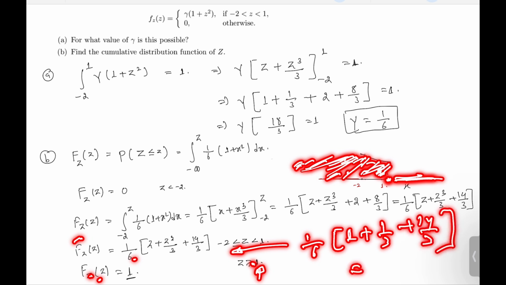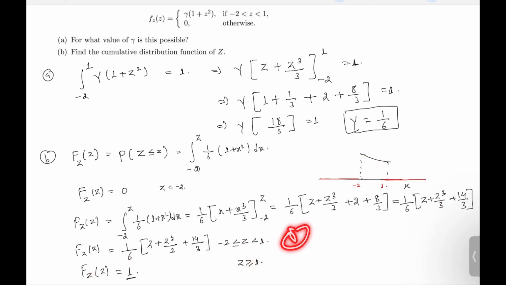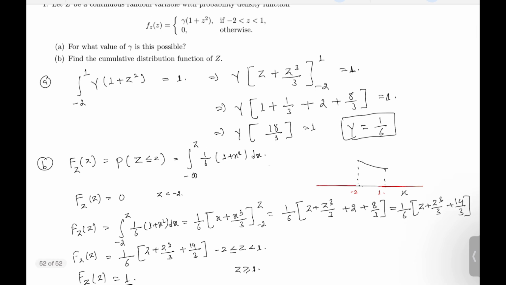That would be 3 plus 1 plus 14 divided by 3, so that gives 18 divided by 3, the 6 gets cancelled, and you have 1. This is just to verify and show you that CDFs are nothing but accumulated probability up to certain points. Also, you need to be very careful if you have a piecewise function.